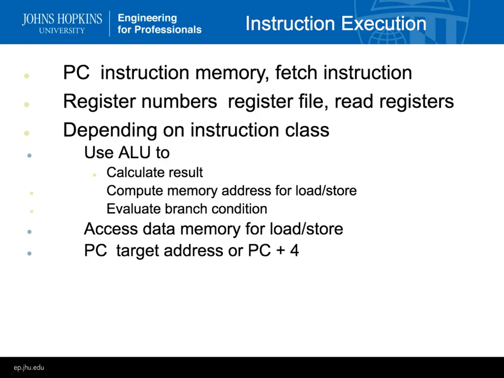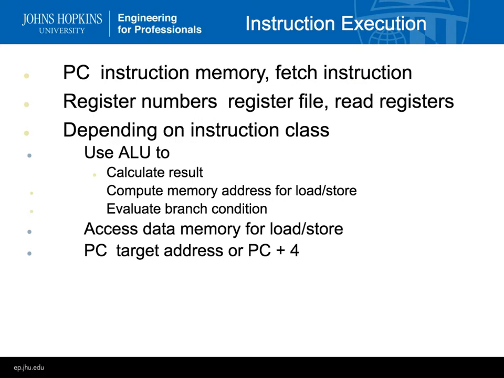So recall what happens when we execute an instruction. The first thing that happens is there's a program counter. So that says, what is the address of the next instruction I want to execute. It's going to go to the instruction memory and fetch that instruction.